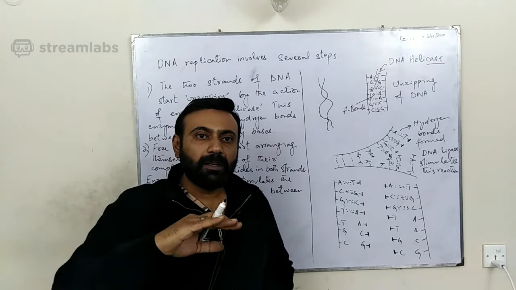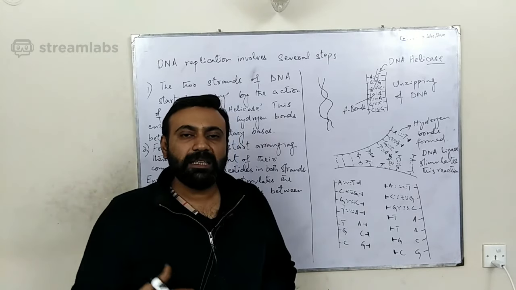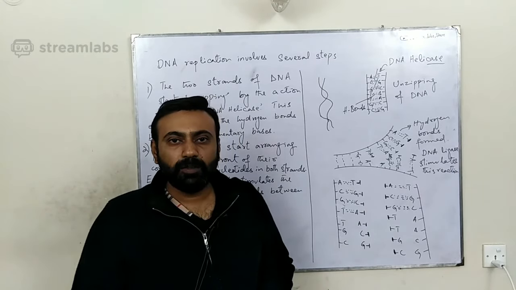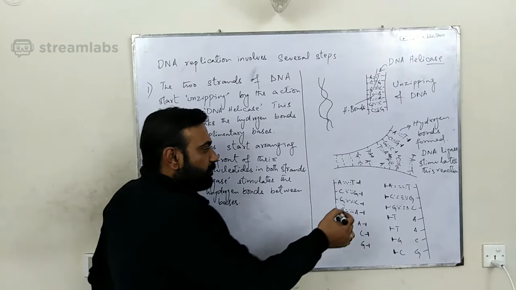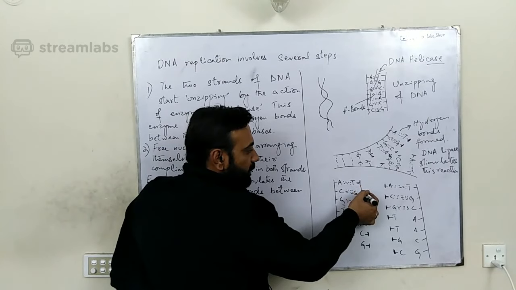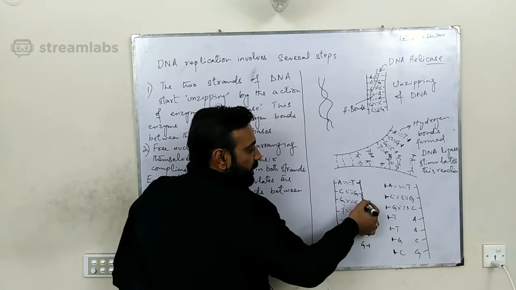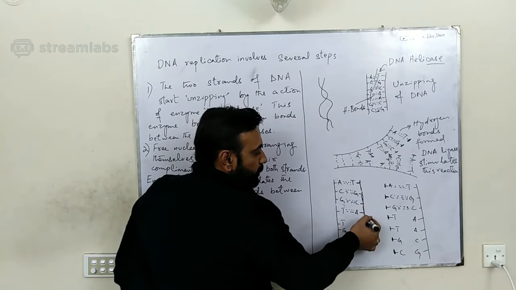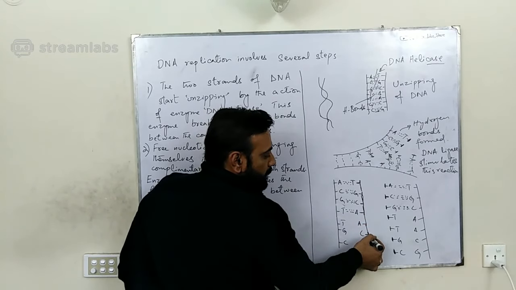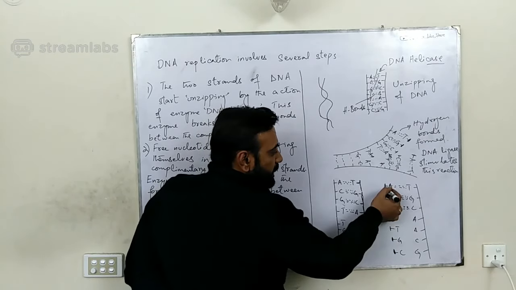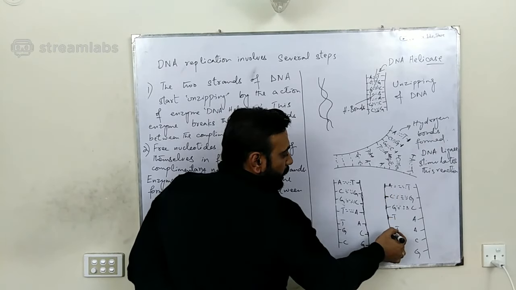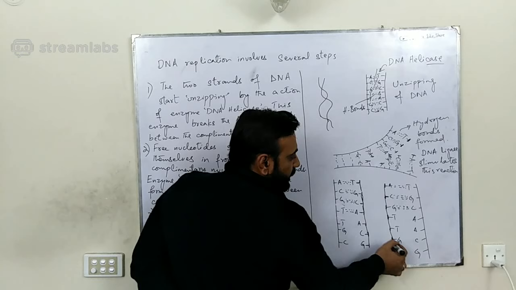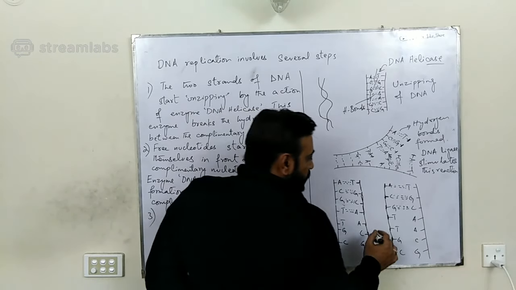So DNA polymerase is another enzyme which carries out this polymerization reaction between the nucleotides. It starts forming the phosphodiester bonds between these free nucleotides. These are not intermolecular forces, these are full-fledged covalent bonds, and these linkages are called phosphodiester bonds.